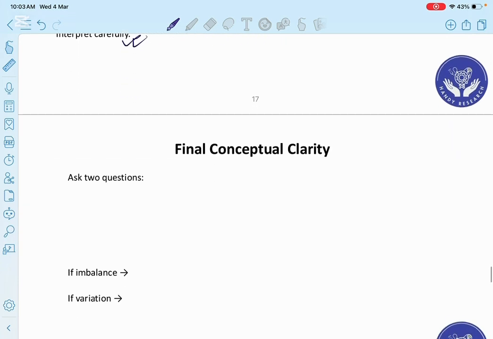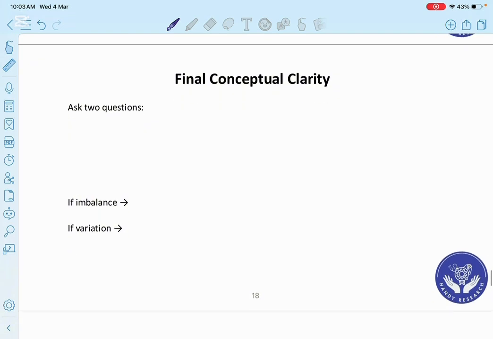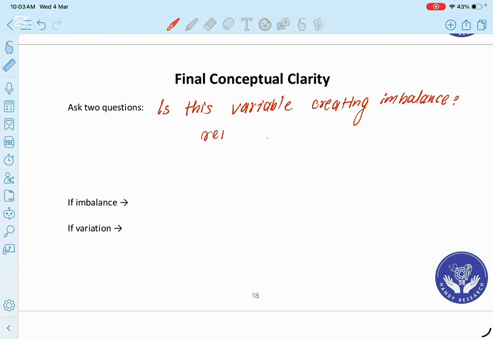Now, the final conceptual clarity of this lecture: always ask two questions. Is this variable creating imbalance, or is it revealing biological variation?